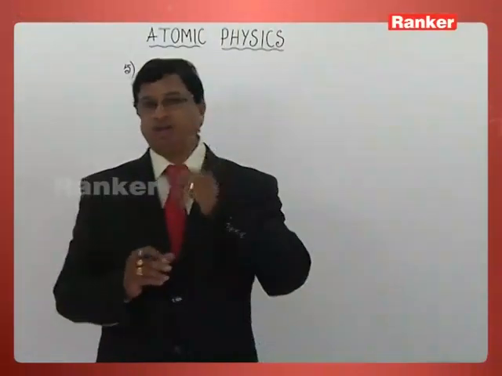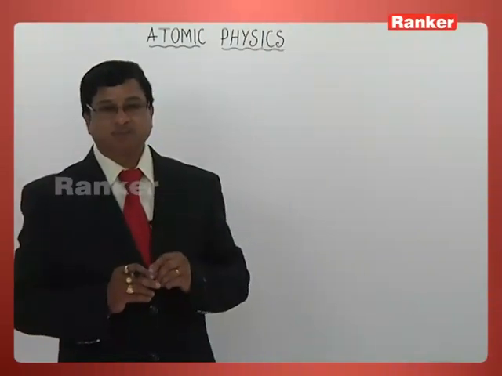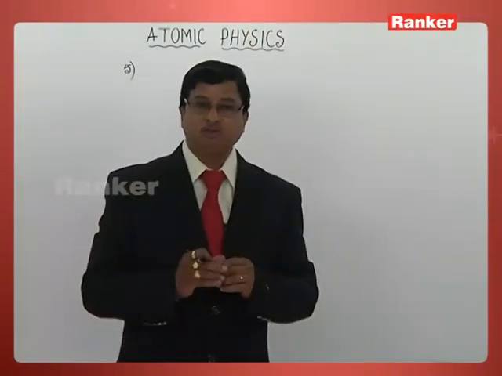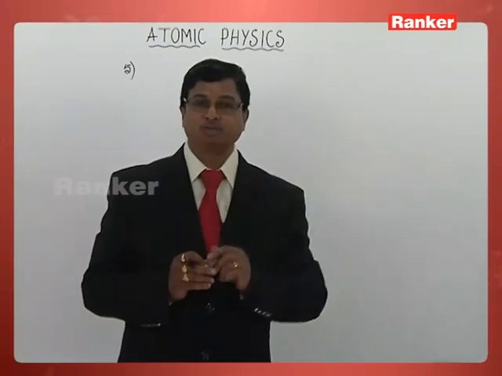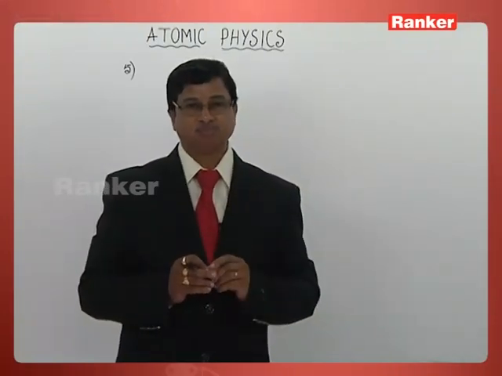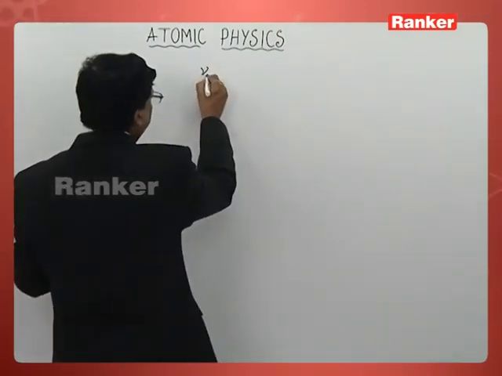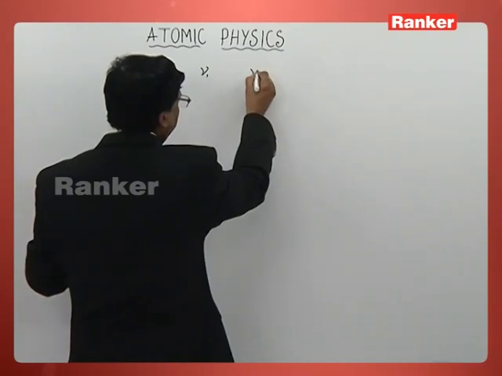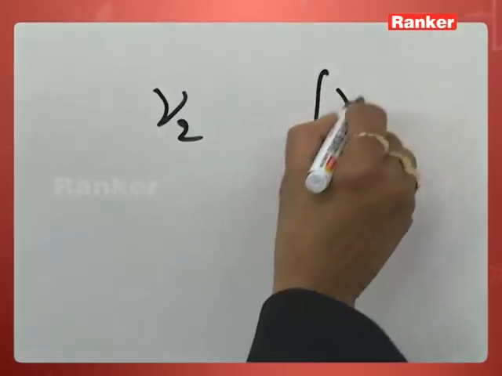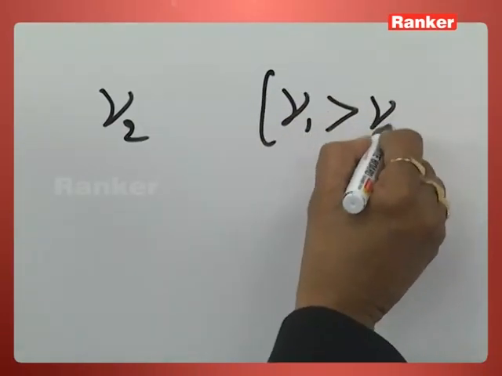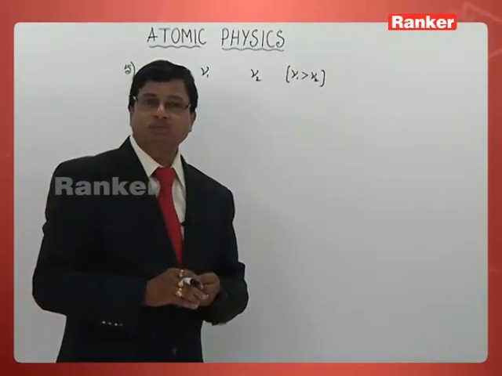Once again, if you look at the wording, photoelectric emission is observed from a metallic surface for frequencies nu1 and nu2 respectively of incident light. Nu1 is the frequency of the first ray, and nu2 the second, and he gave us a relation that nu1 is greater than nu2. Nu1 is greater than nu2 means what?